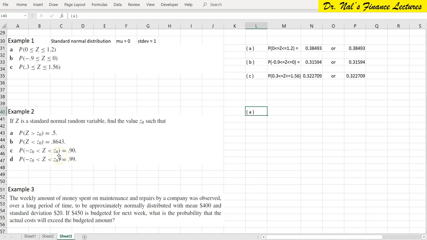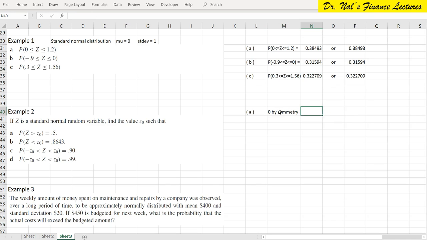Why? Because the probability that the random variable Z is less than 0 is 50%, and more than 0 is 50%. Why? Because there's symmetry around 0, right? So the Z0 here will be 0.